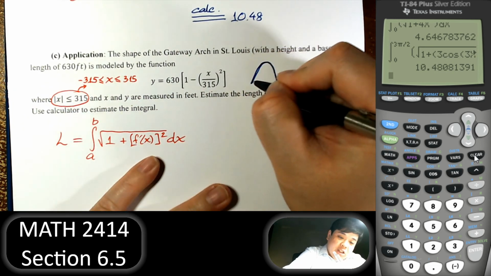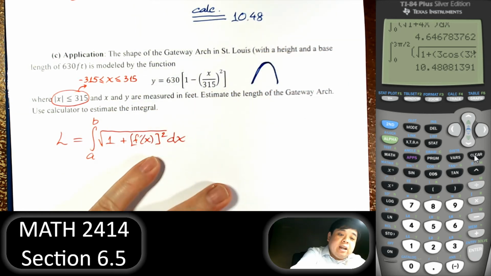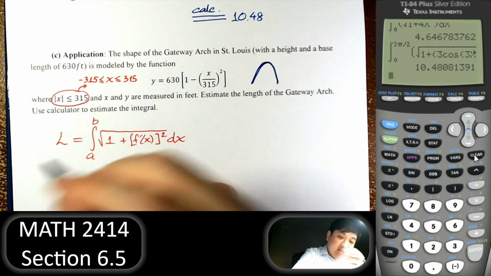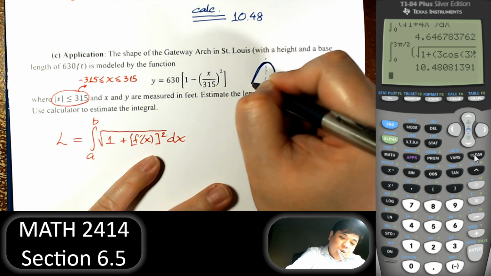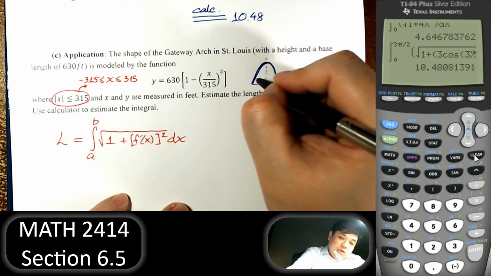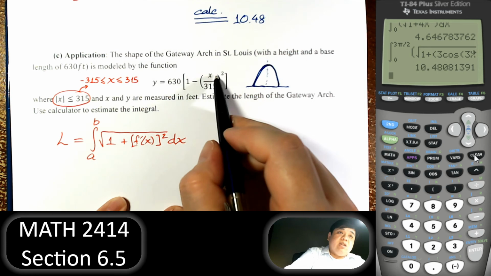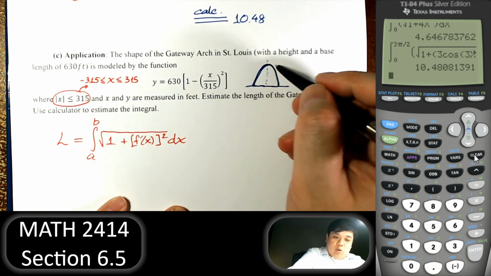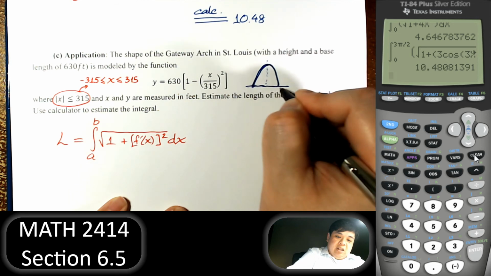So this is the symbol for connecting the east and the west of the US. Anyway, the reason the shape is like this, they said about 315 feet on the left and 315 feet on the right, and now we just find the arc length of it. By the way, this is a parabola that opens upside down, so negative 315 and 315.